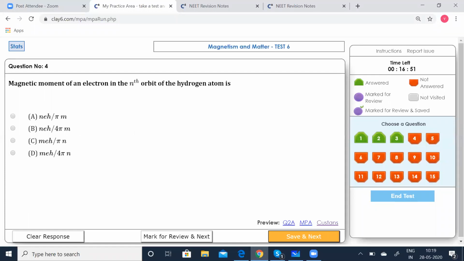Magnetic moment of an electron in the nth orbit of the hydrogen atom is given by what? So magnetic moment of an electron in the nth orbit of the hydrogen atom is what? This is quite easy. Let us solve this.